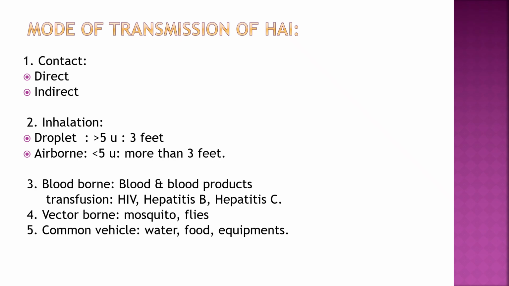And then airborne, when the size of the source is less than 5 micron. Then bloodborne, through blood or blood products, which causes diseases like HIV, hepatitis B and hepatitis C. Next is vector-borne, where vectors can be mosquitoes or flies. And then common vehicles like water, food, contaminated equipment. These are all modes of transmission of hospital acquired infection.